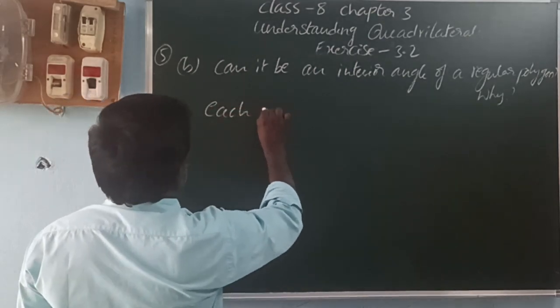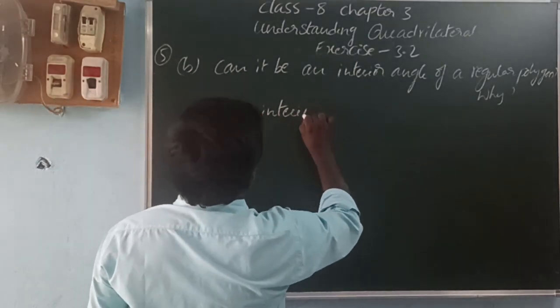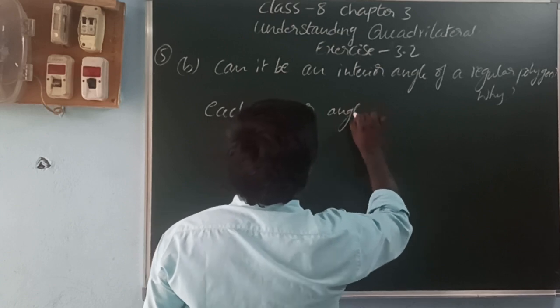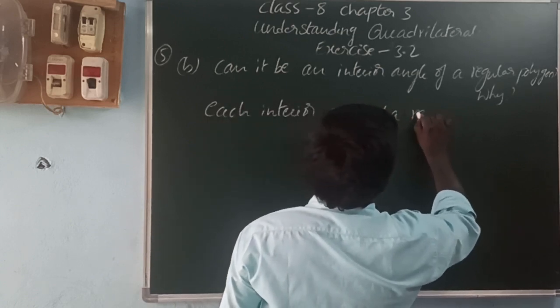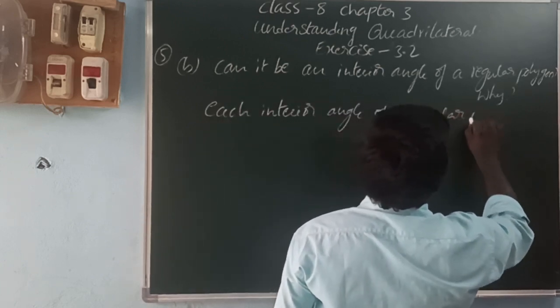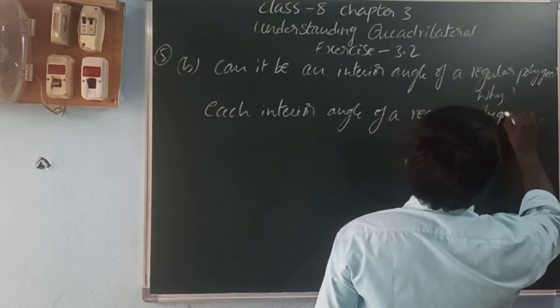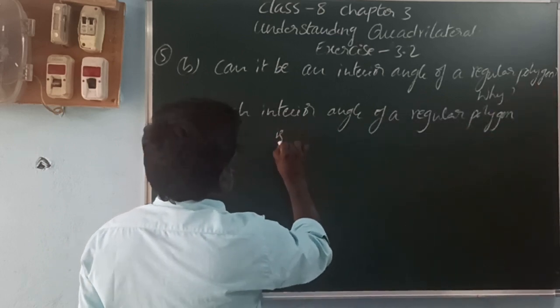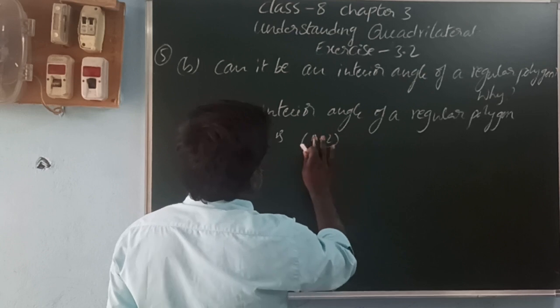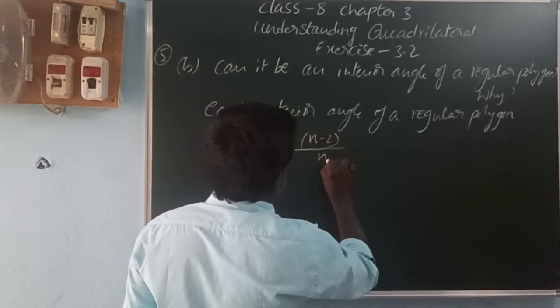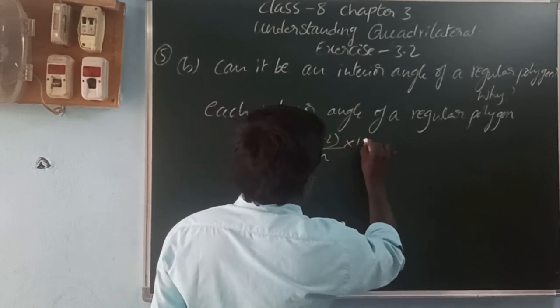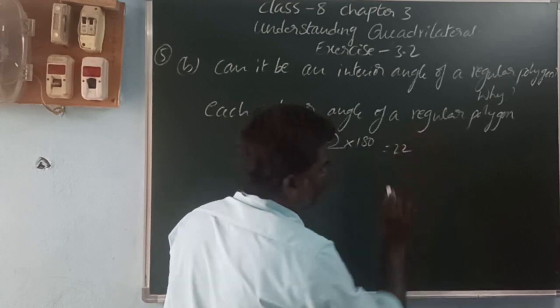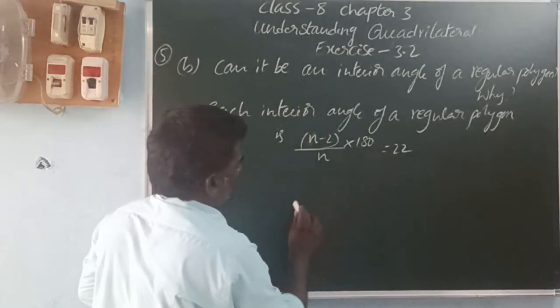Each interior angle of a regular polygon is, what's the formula? (n minus 2) times 180 by n is equal to how much? They have given 22 degrees. n, which is dividing, goes to the other side as a multiple.